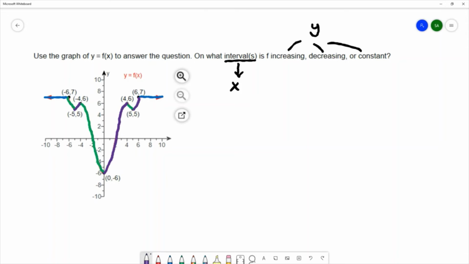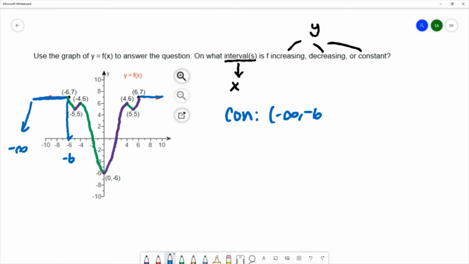So now that I've got an overall feel for what's happening with the graph, I want to write down the intervals. And as I said earlier, the intervals are referring to the x. So if I'm looking at this section of the graph where it's constant, this x is starting at negative infinity and going all the way up until this x of negative 6. So I'm going to say that this graph is constant starting at negative infinity and going to negative 6.